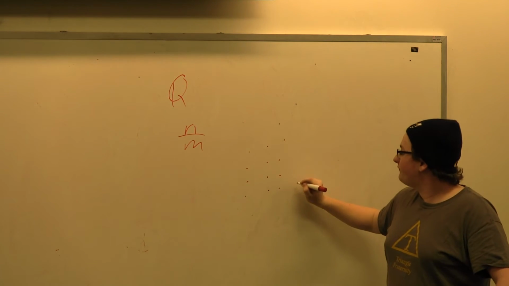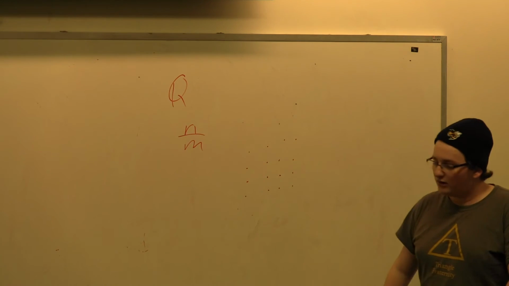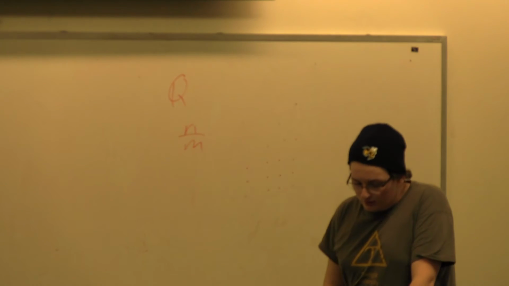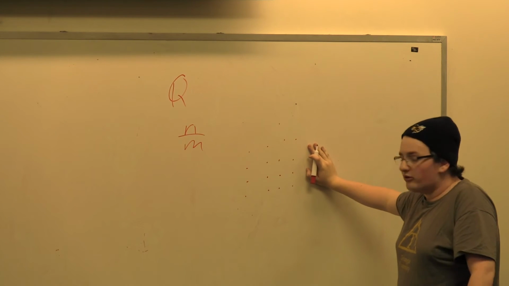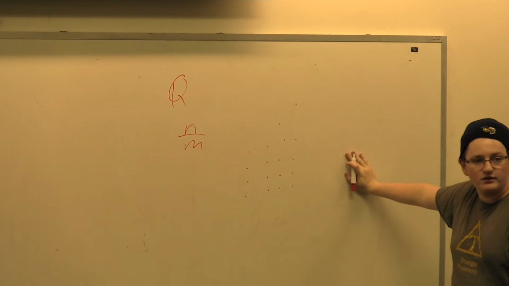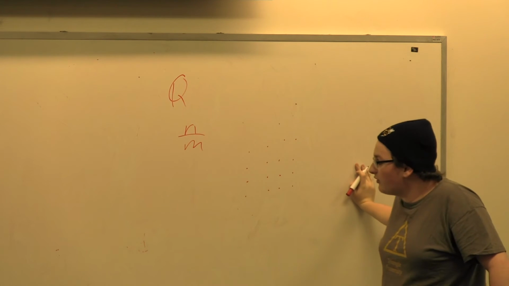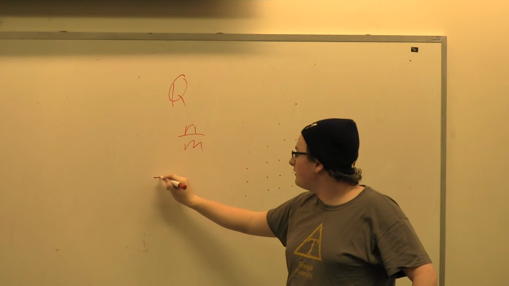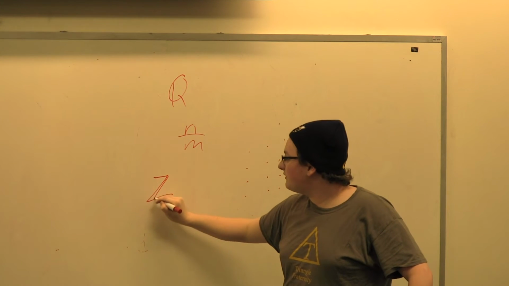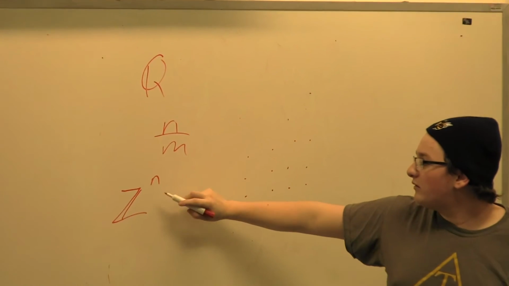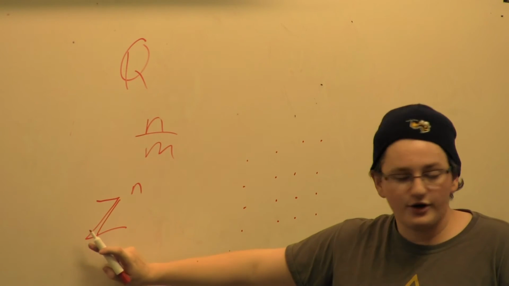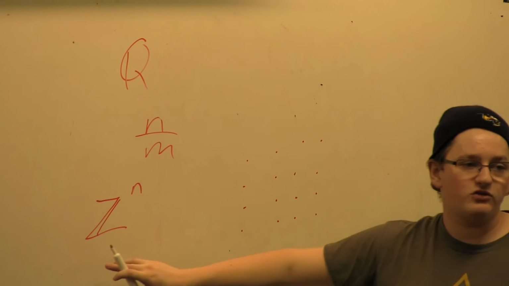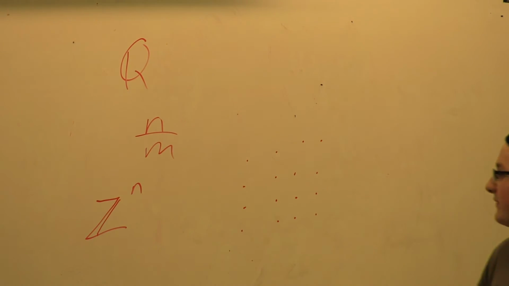Well, any polynomial with integer coefficients can be represented as a vector in Z^n, where n is the degree of the polynomial and the coefficients are each component of this vector.